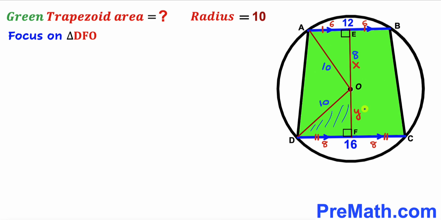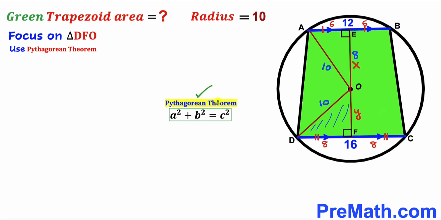Now we are going to focus on the other right triangle, DFO, and apply the Pythagorean theorem on this triangle as well to solve for y. Once again, a squared plus b squared equals c squared. Our hypotenuse is 10, whereas our two other legs are y and 8.